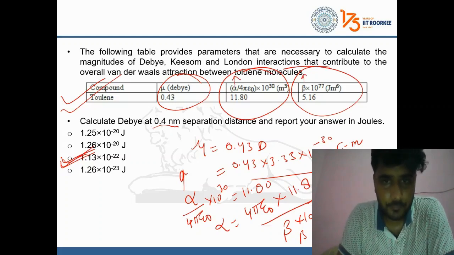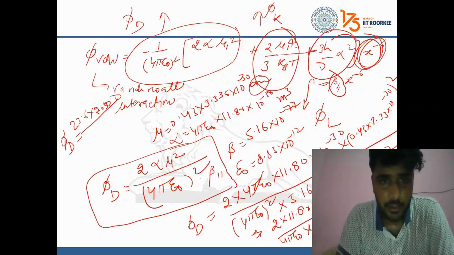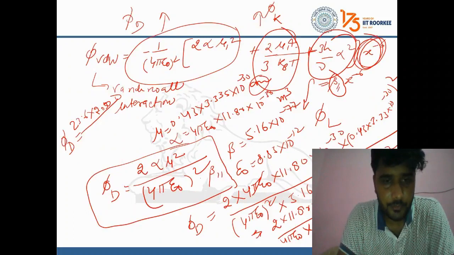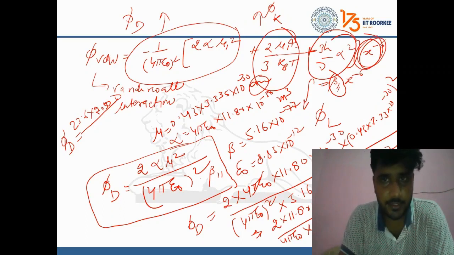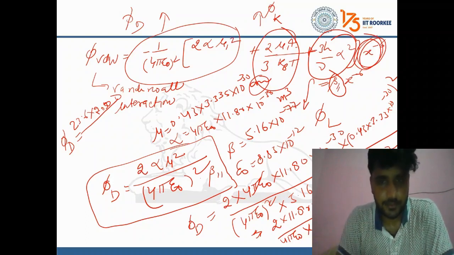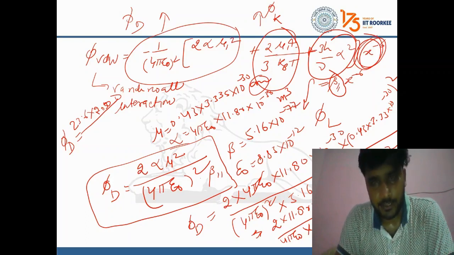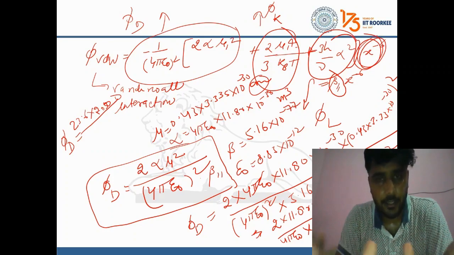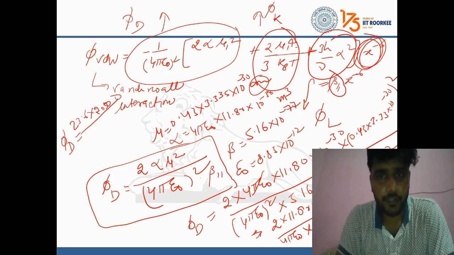From this expression you have to know the contribution of different terms, because the total van der Waals interaction is contributed by three terms: first is Debye, second is the Keesom, and third is the London dispersion forces. You don't need to calculate each individual one. You can calculate two, and the third one you get by subtracting these two values from 1.